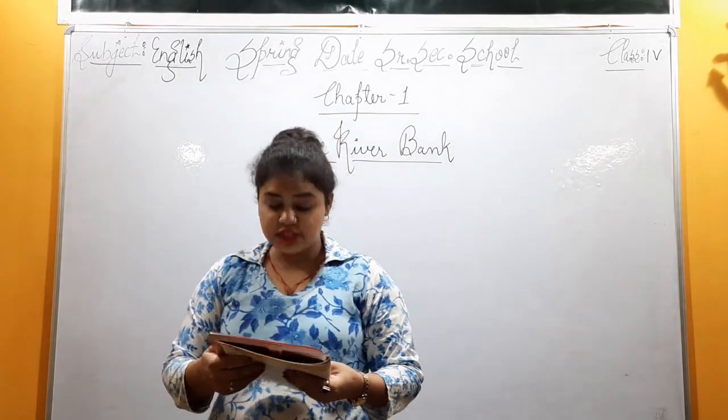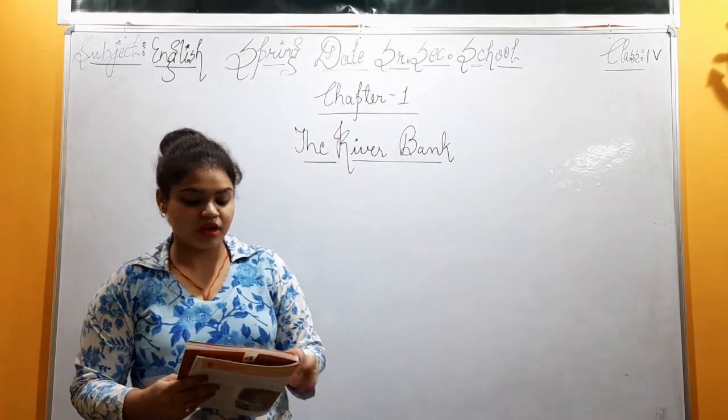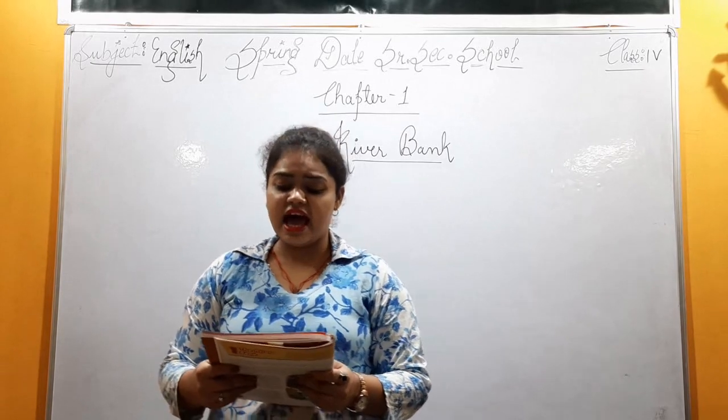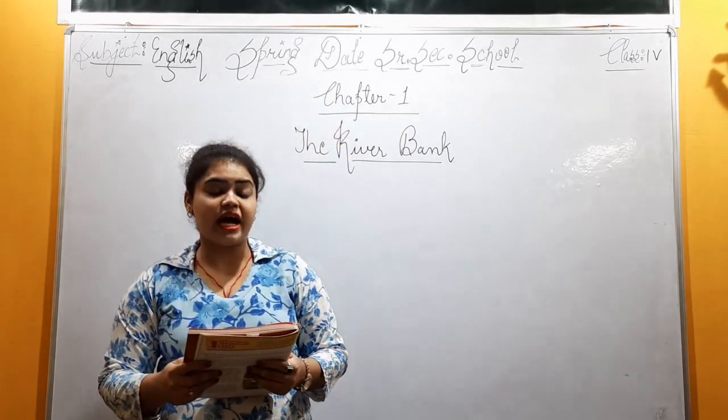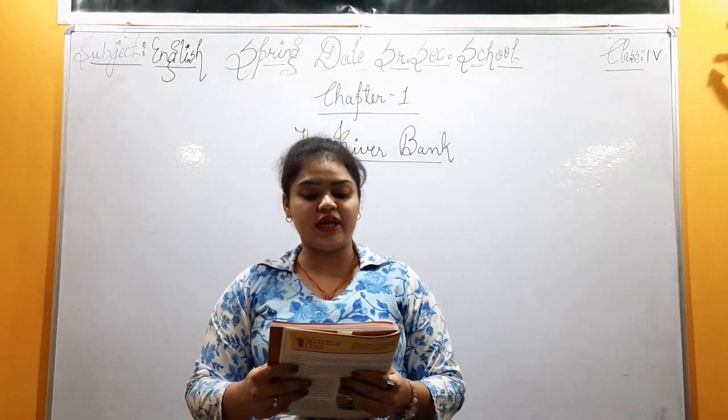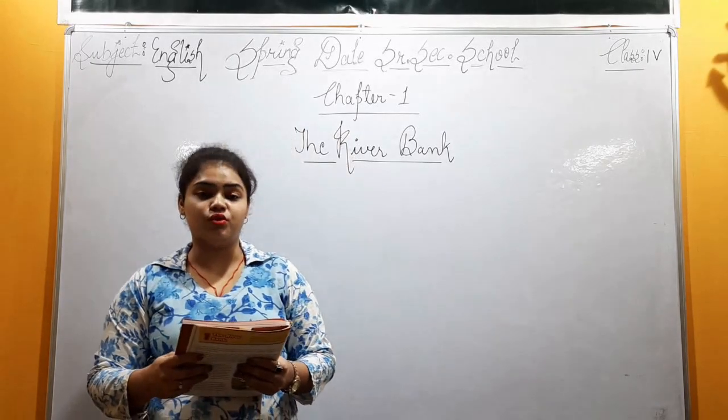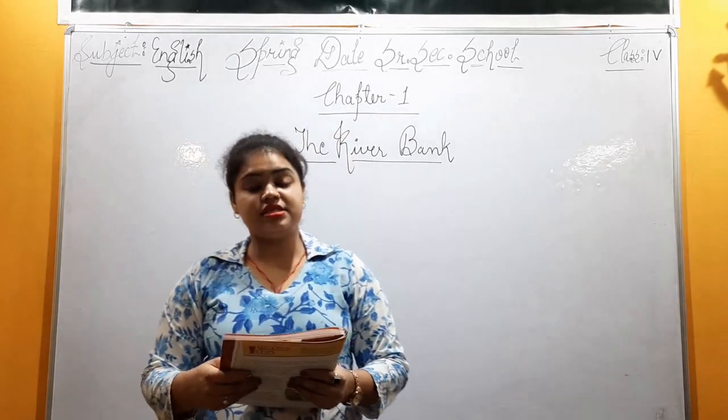Coming to the next page, page number 5, the very first line. As he gazed, something bright and small seemed to twinkle down in the heart of the hole like a tiny star.